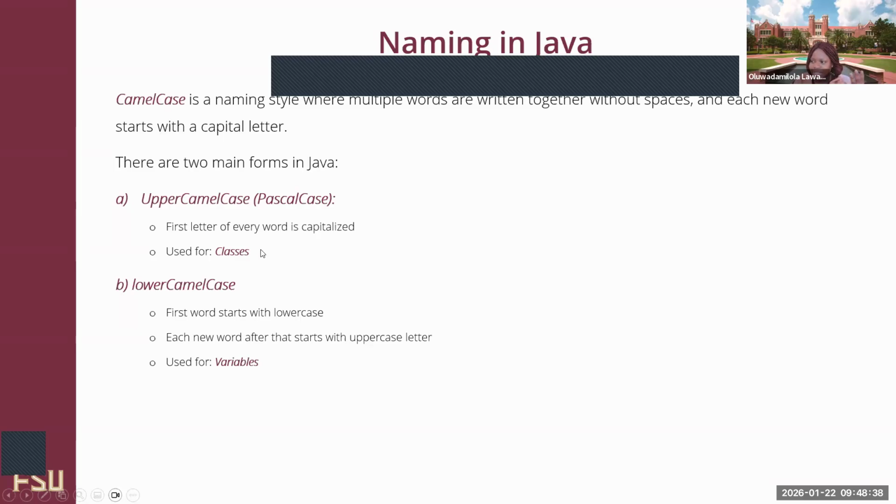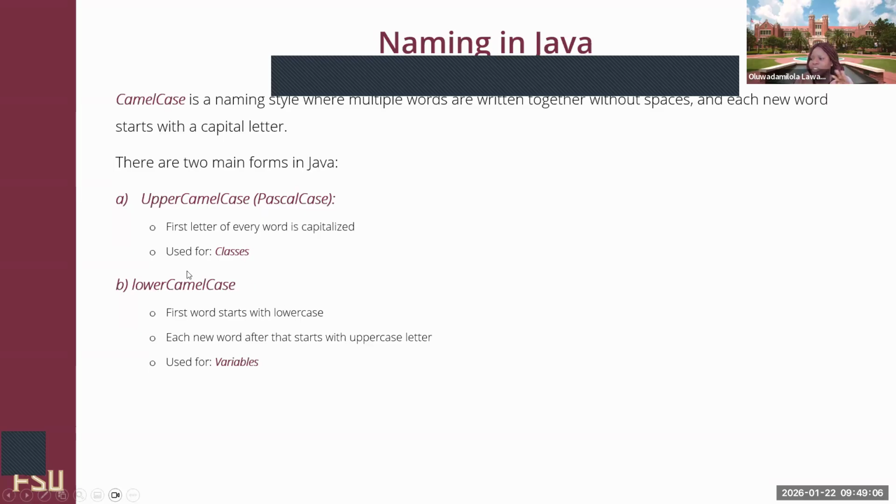So when you're naming your file, because your file name and your class name need to correspond, when you're naming your classes and interfaces, you use the upper CamelCase. However, when we are naming our variables in Java, we use what we call the lower CamelCase.